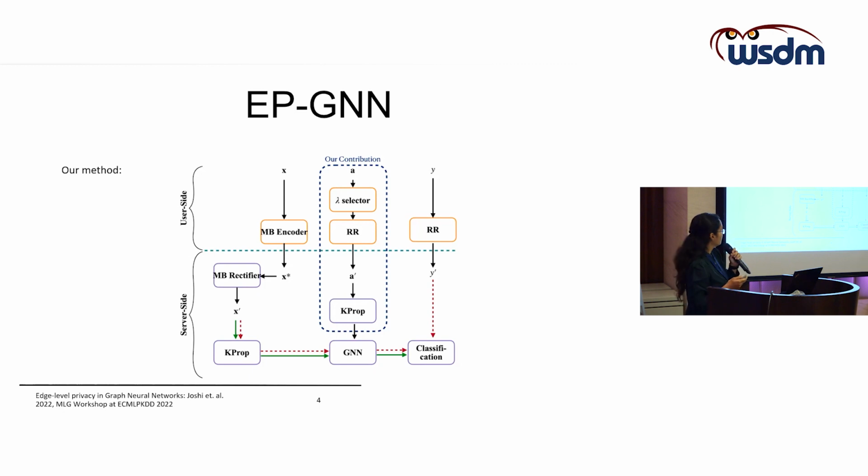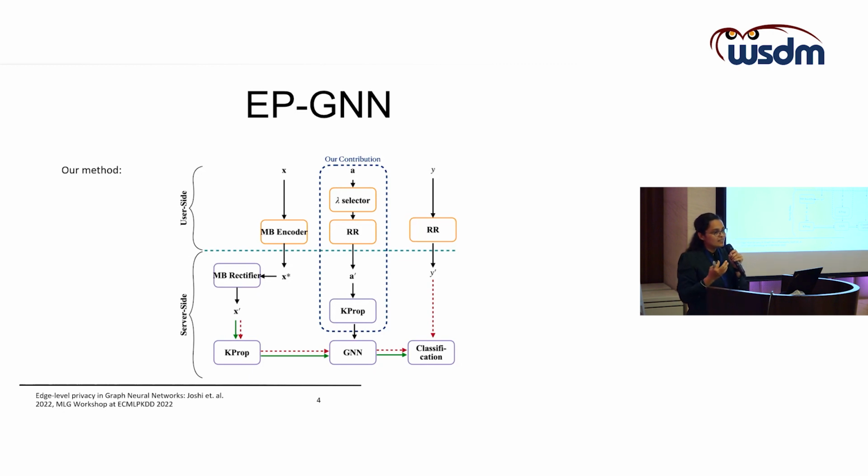What we contributed was a method to add noise to the neighborhood. Here, as you can see from this slide, there is a lambda selector. What we do is select lambda percentage of the neighboring edges, and we apply randomized response onto that lambda percentage of the neighborhood, and the randomized response leads to the addition or the drop of the neighborhood edges that we have selected.